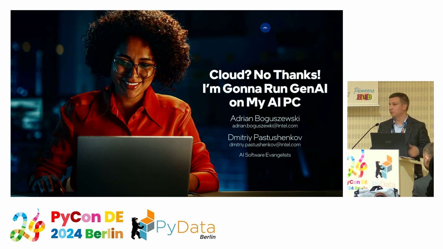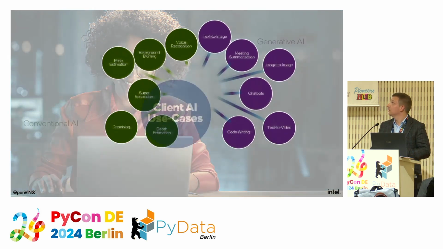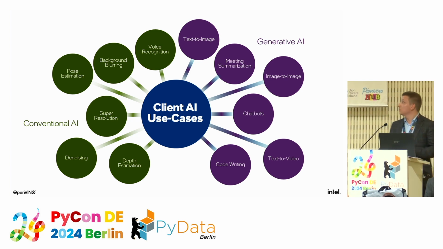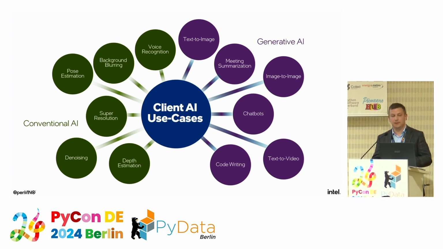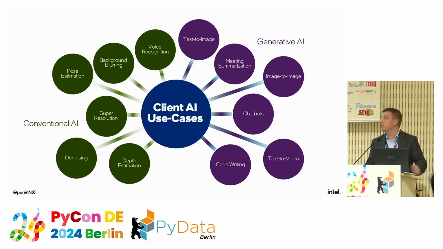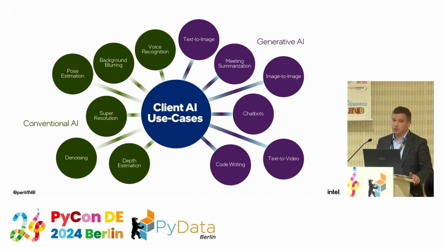Before we jump in and talk about GenAI and the AI PC, let's start with this. Which AI use cases should we and can we run on the PC? We consider there to be two categories of use cases. One category is conventional AI.